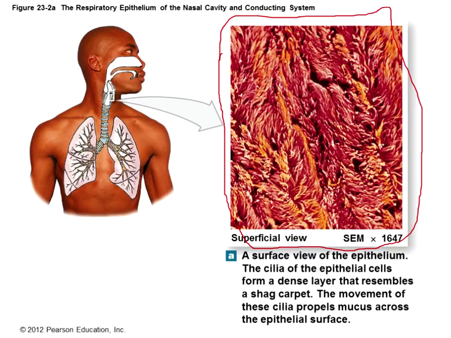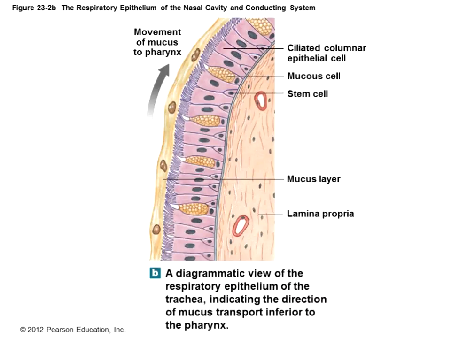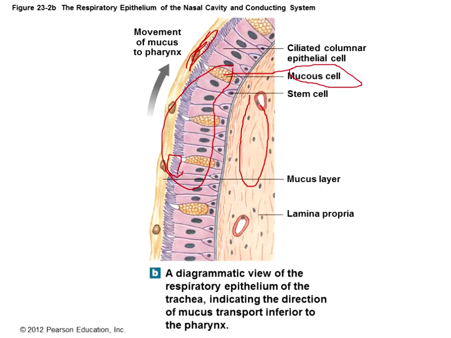You guys know that pseudostratified ciliated columnar epithelium is what's found in portions of this pathway. Okay? And so here's a nice image. If you look, here is the connective tissue. Here's the pseudostratified ciliated columnar epithelium. You can see the mucus cells, right? Those are going to secrete mucus. They have a nice mucus layer on the surface, like a mucous membrane, like we talked about.